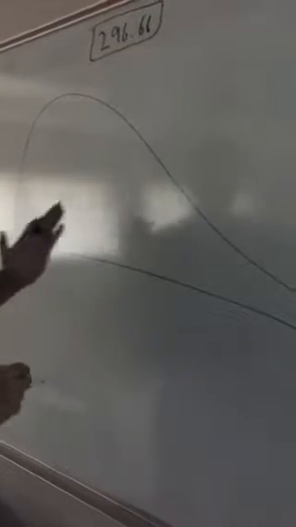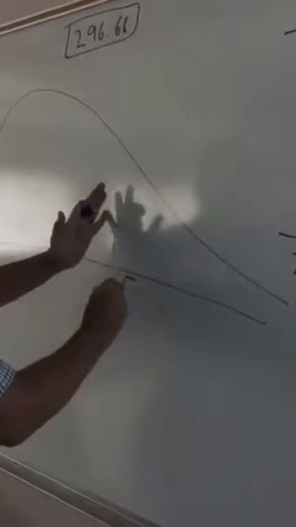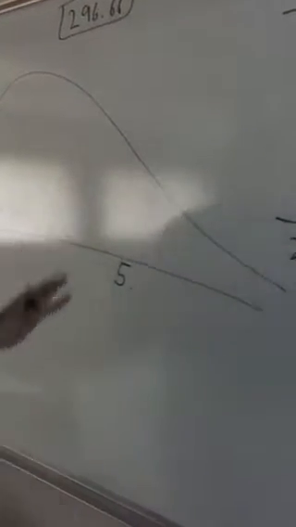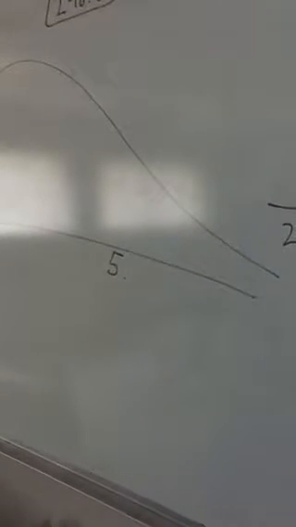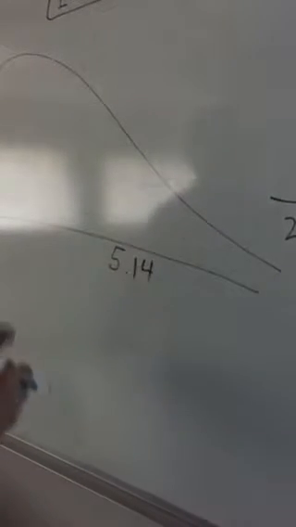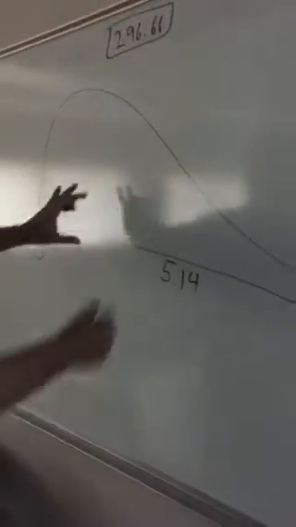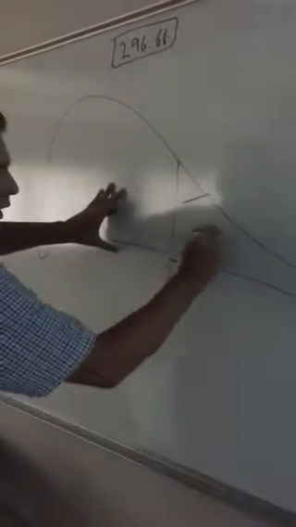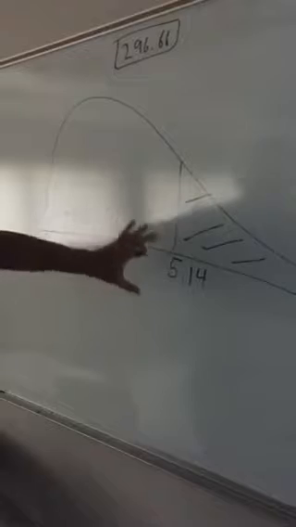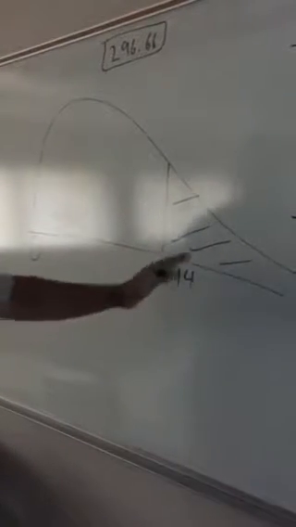And what that means is that when I have my distribution that kind of looks like this, with a mean of 0, I've got 5.14, I believe it was, 5.14 standard deviations away from the mean, and anything beyond that is going to be my critical region.